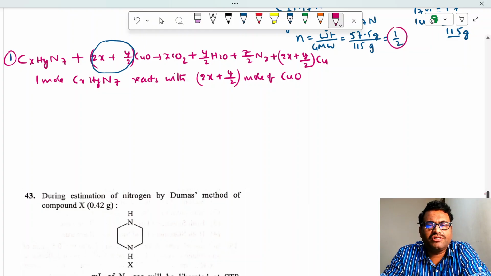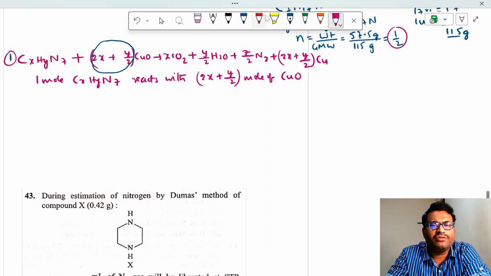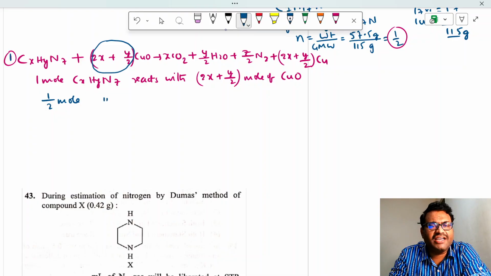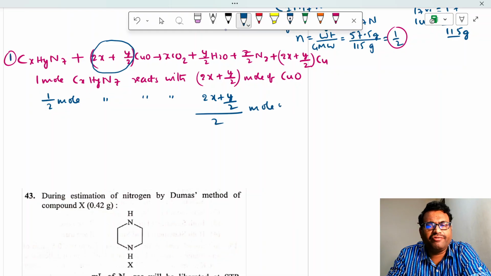So how many moles are there in 57.5 grams? Half mole. So 1 by 2 moles of this CxHyNz reacts with (2x plus y by 2) by 2 moles of CuO.